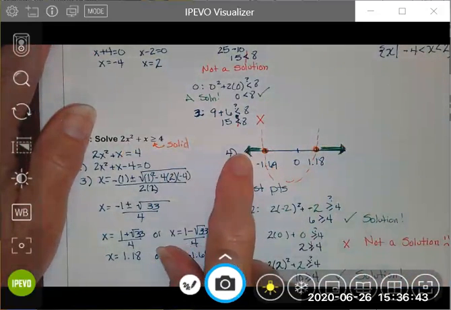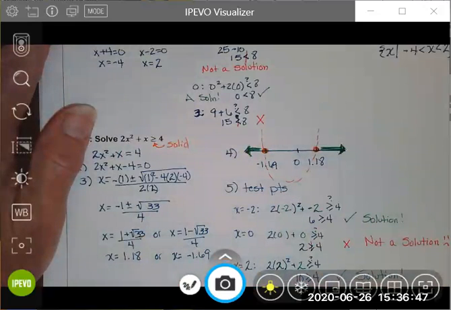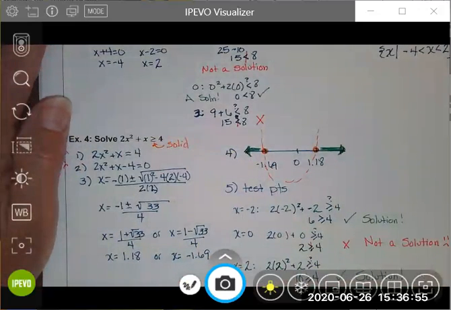And my solution set lies outside, or above, my parabola. We're still solving a quadratic, so there is still a parabola. This is just a way to algebraically figure out what the solution set is without having to do that graphing component. But it's still there, so I wanted you to see that.